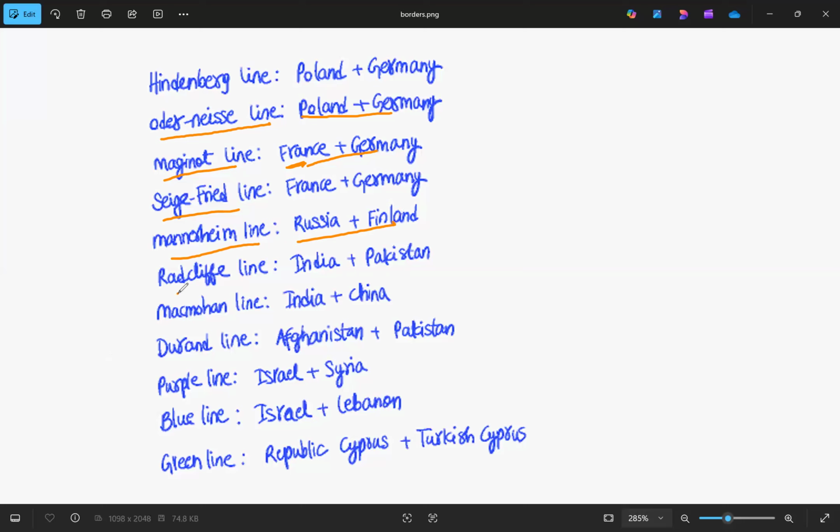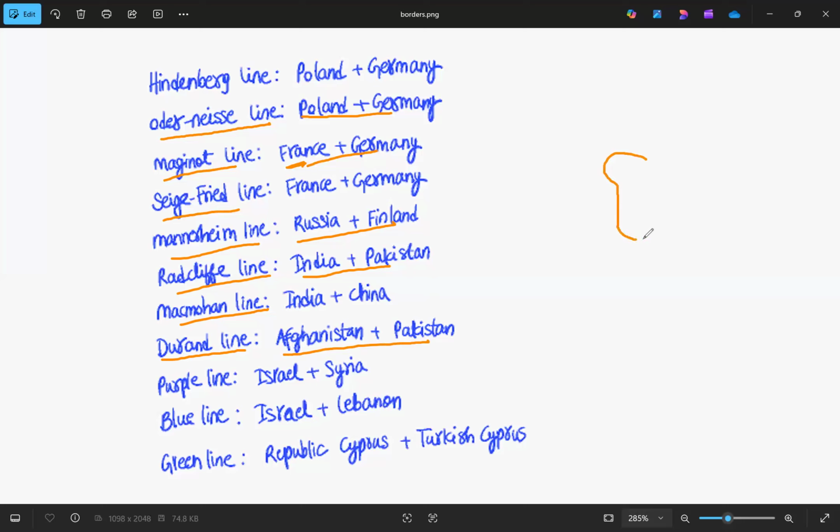The next one we have is the Radcliffe line. This Radcliffe line separates India and Pakistan. Next one, the McMahon line. The McMahon line separates India and China, or we have to say the Tibetan region. The next one is the Durand line. The Durand line divides Afghanistan and Pakistan.